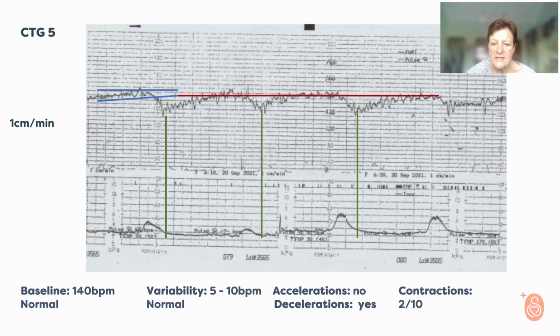So two of these lines is 10 beats per minute, so we see that this fetal heart rate varies more or less between the two lines, so it varies around 5 to 10 beats per minute, which we know is normal. So we're happy with that.